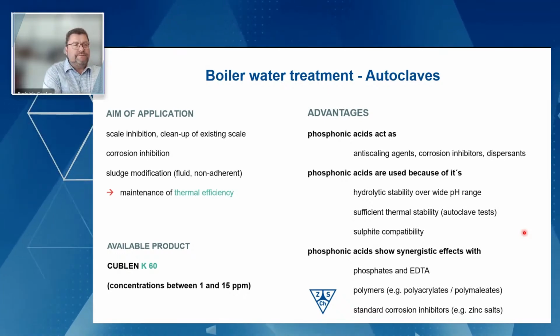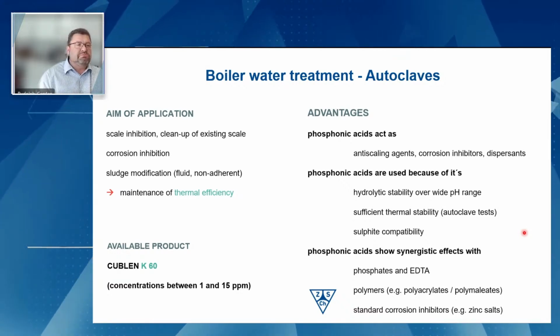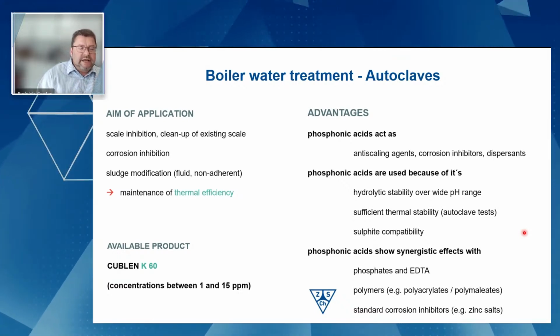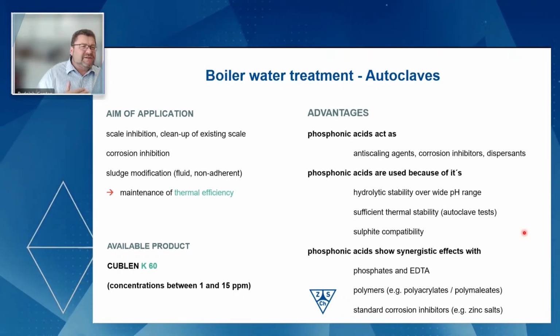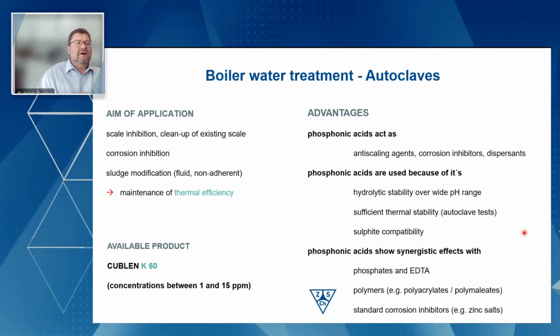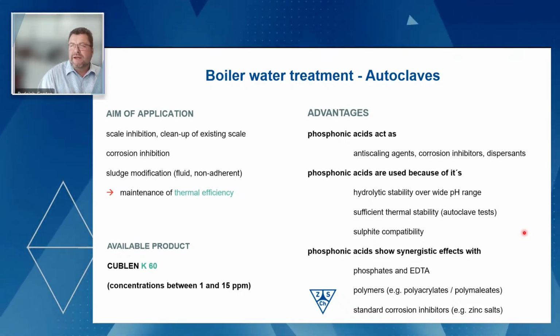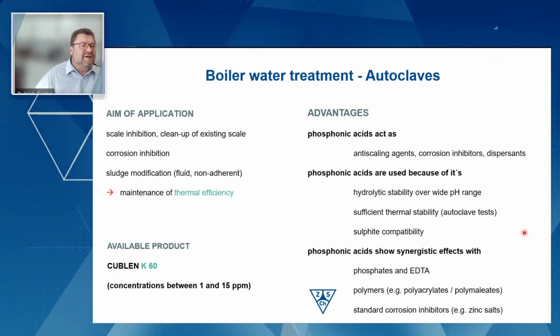from this application. Boiler water treatment is the first example I want to discuss in a little more detail. At least in our area, boiler water treatment is not of that importance anymore, because mainly demineralized water is used, so scale inhibition is not that huge a topic.